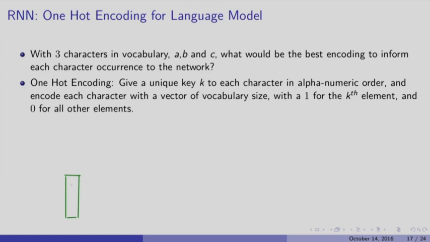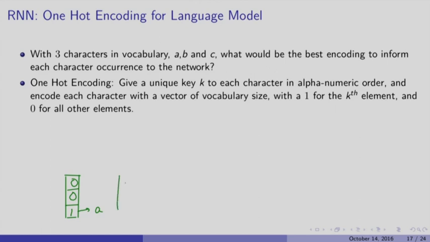So we're going to have 3 bits, a vector with 3 positions. Each position is binary, so 0 or 1. The value at position 1, if it turns out to be a 1, indicates that we have seen an A, and we would therefore require that there are zeros at the other 2 positions.